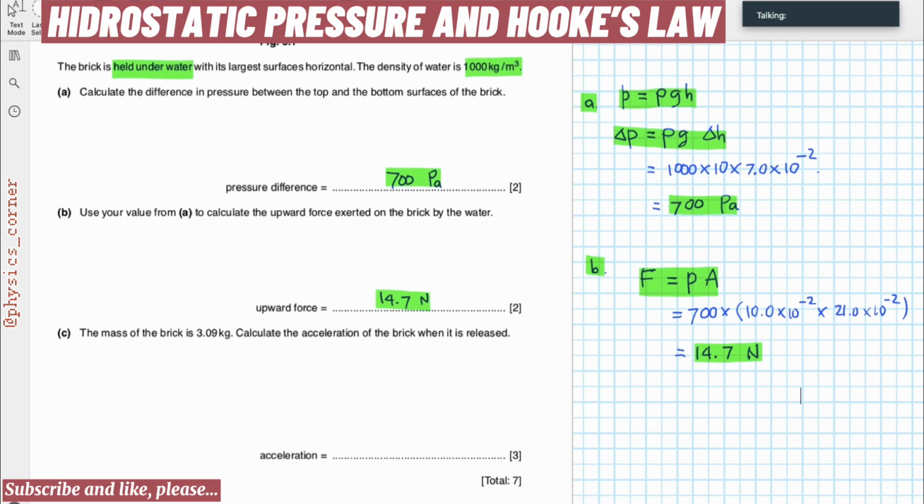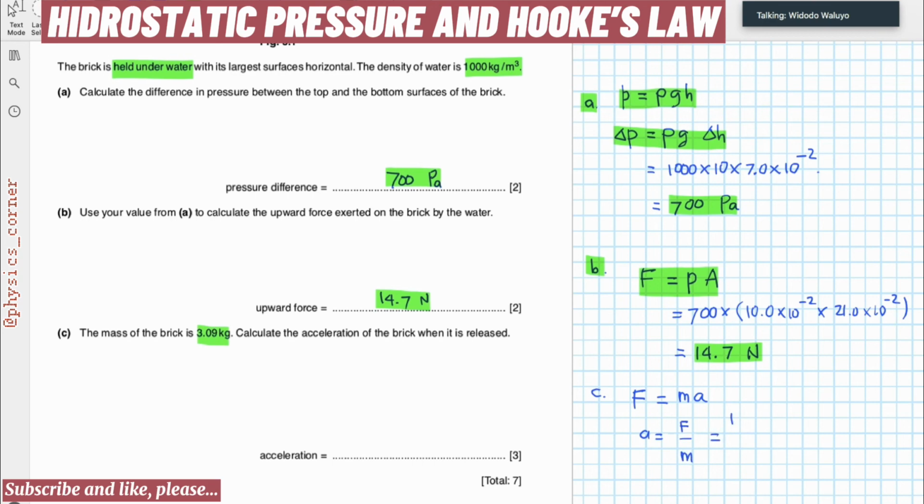Okay, we check question C. One more question. The mass of the brick is 3.0 kilogram. Calculate the acceleration of the brick when it is released. This is different from our topic, but you still remember Newton's second law: force equals mass times a. So a equals force divided by m.